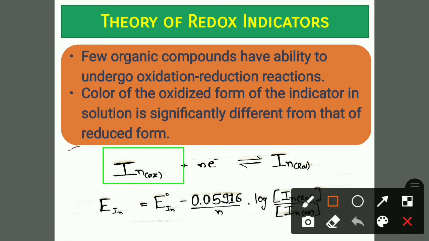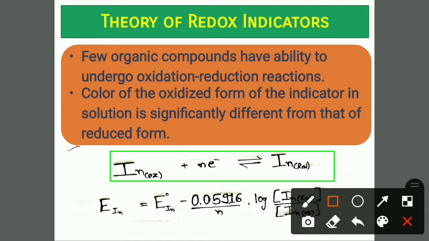You can see here, when the oxidized form of the indicator accepts electrons, it gets reduced.